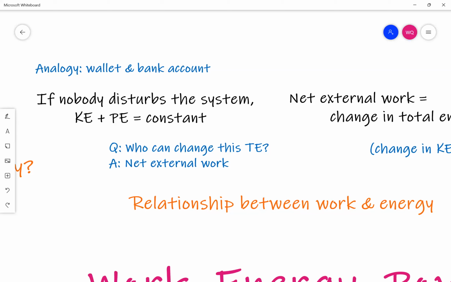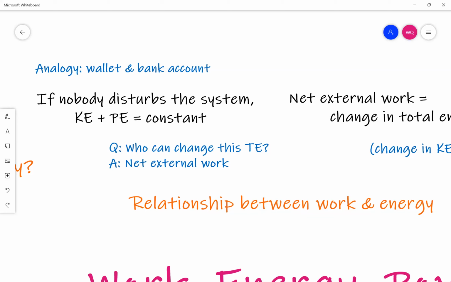And if you want to change this total amount, then you have to do something. For example, I buy chicken rice, so I'll be $5 poorer, so I'll have only 995. But then after I eat chicken rice, I feel ready to do work, so I go and help my mom sweep the floor.